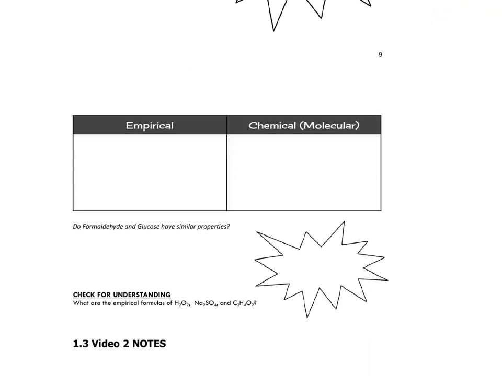All right, so let's talk about empirical formulas. What were our 3 types of questions that we saw for empirical formulas? In the 1.3 video, 3 notes. What are our 3 types? Straightforward, the mass or the percent composition to an empirical formula.